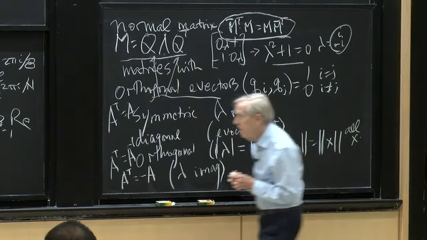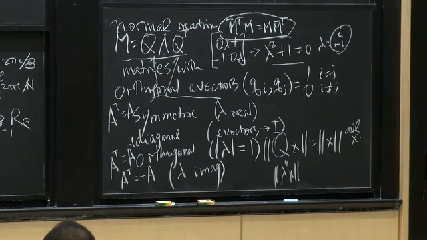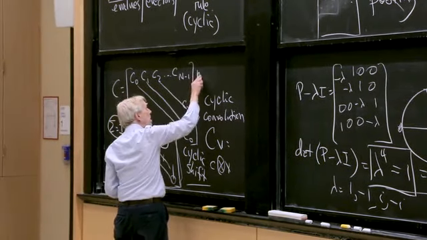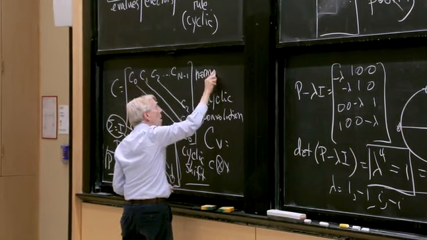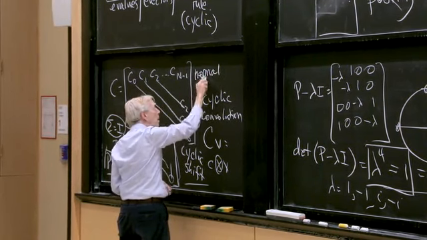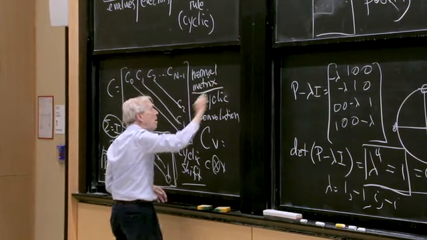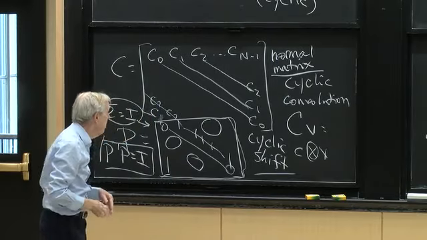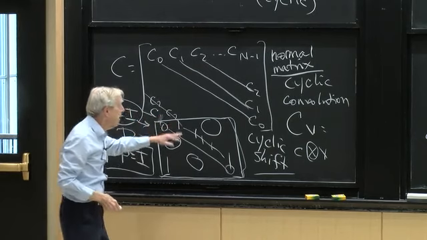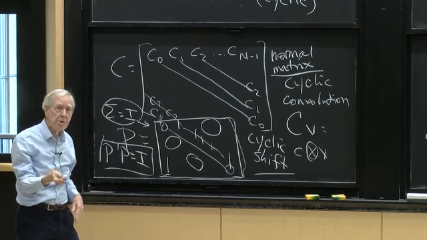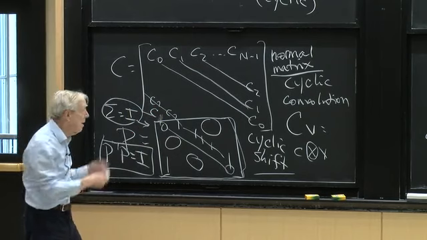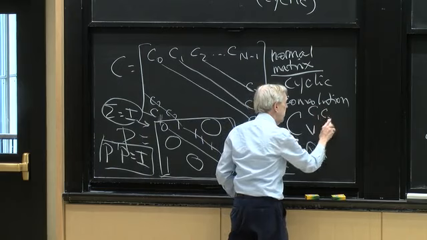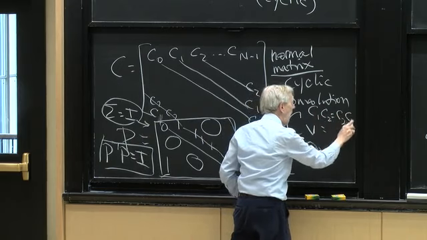But actually, this matrix C will be a normal matrix. I didn't see that coming as I started talking about these guys. Yeah, so that's a normal matrix, because circulant matrices commute. Any two circulant matrices commute. C1 C2 equals C2 C1.